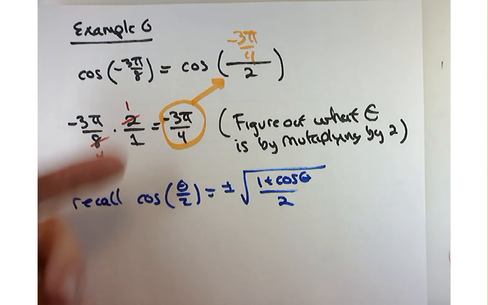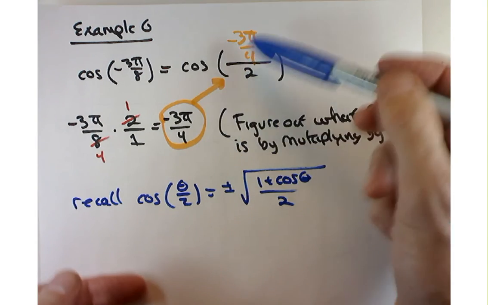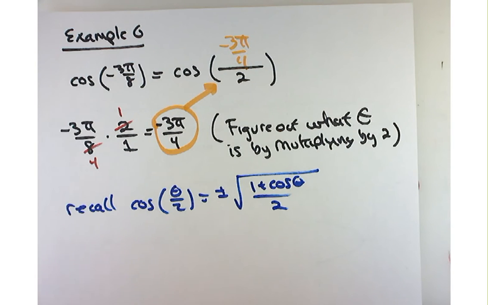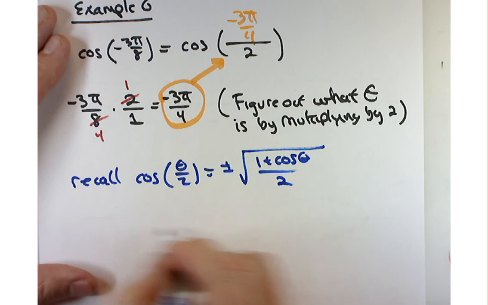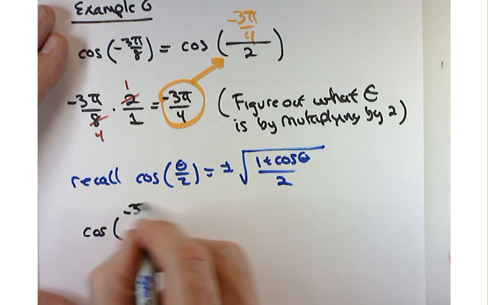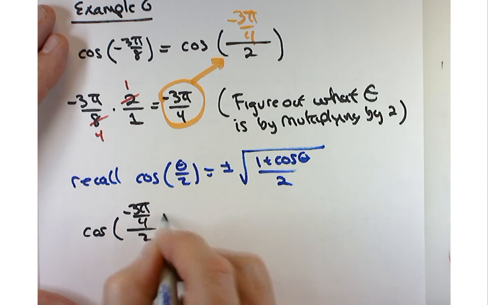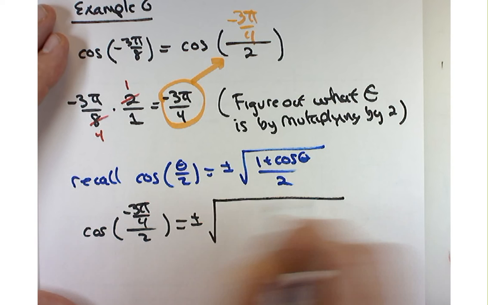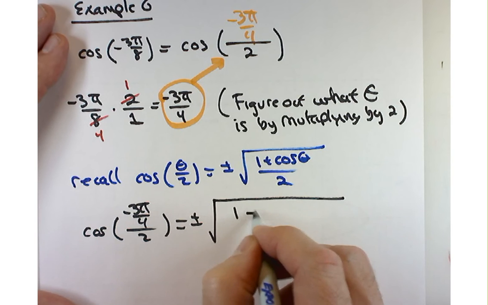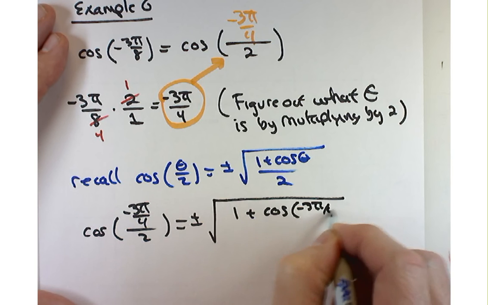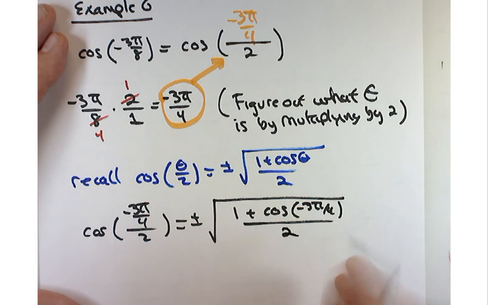That's what we did here, is we figured out, well, this is half of what angle? And that's why we multiply by 2. So cosine of negative 3 pi over 4 divided by 2 is plus or minus the square root of 1 plus cosine of negative 3 pi over 4, divided by 2.